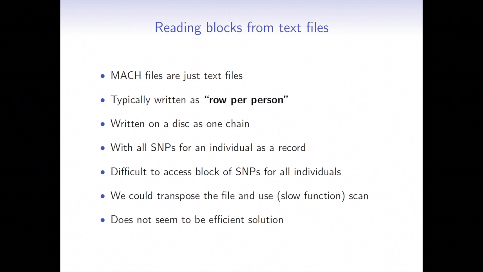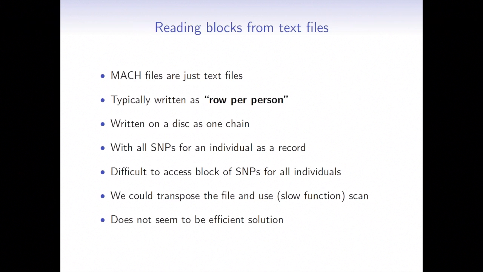But if we would like to access the blocks of SNPs for all individuals, they are so far away from each other that it would need a really long time. And it's also very difficult to read blocks of SNPs from such a text file structure. So in principle, we could transpose that file and write it as a SNP per row text file.